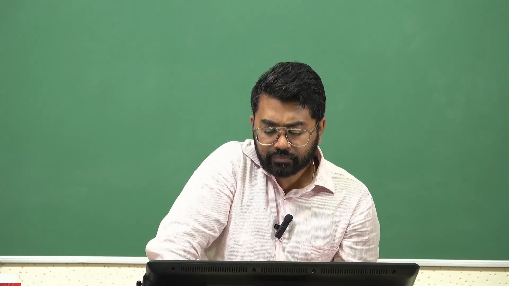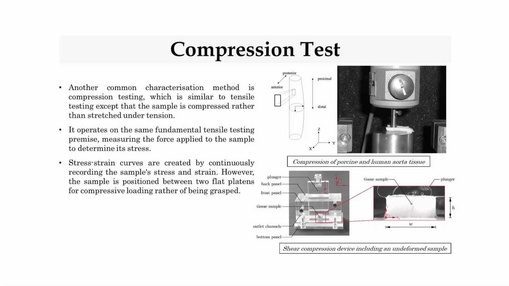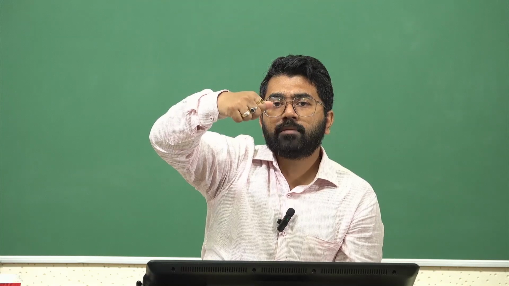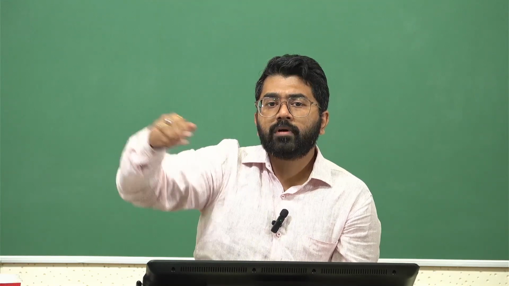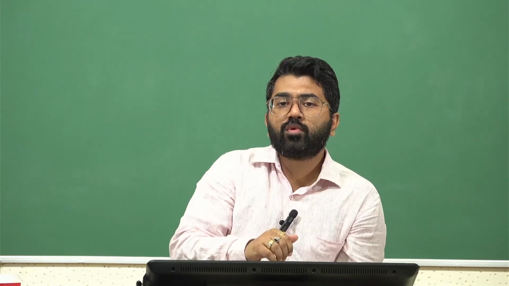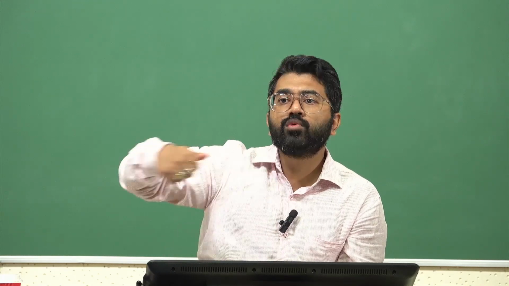Okay, so the next one is a shear compression device including an undeformed sample. So shear basically means when there is a sample and I'm going to pull that sample from one end on the top and fix the sample from the bottom, pull it from one.